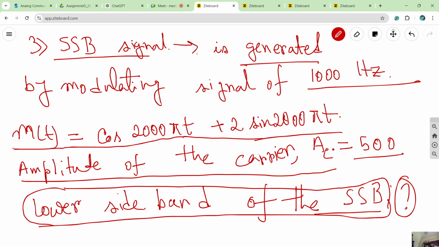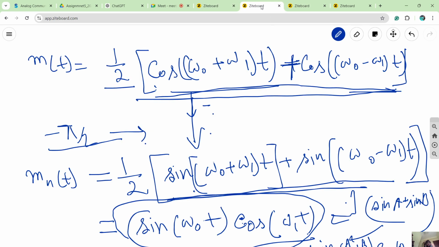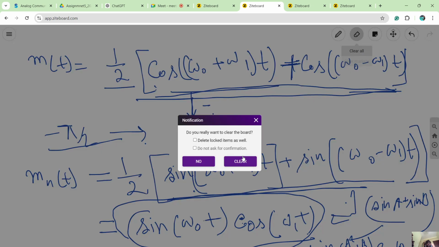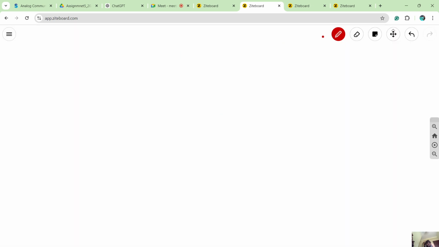Okay. So the lower sideband, we can write it like this. x of LSB(t) is actually what?